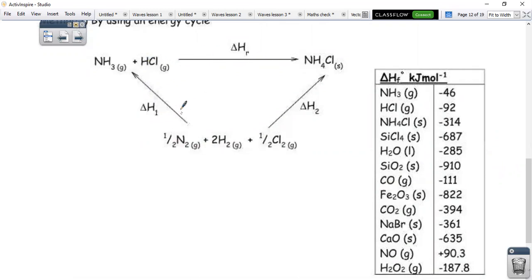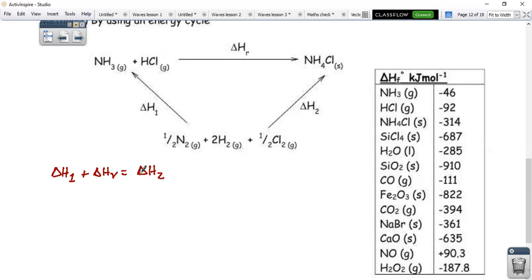And you can see here again that delta H1 plus delta HR are in the same sense. So therefore, similarly to my start, I would write delta H1 plus delta HR equals delta H2. So far, so good? Good.